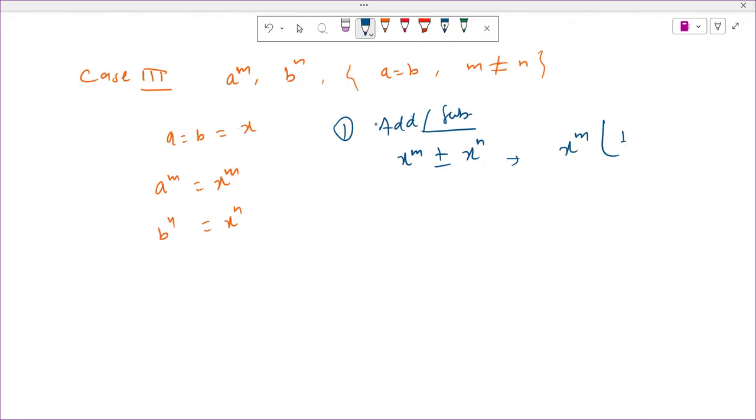You will get 1 here, plus or minus x to the power n by x to the power m, right?